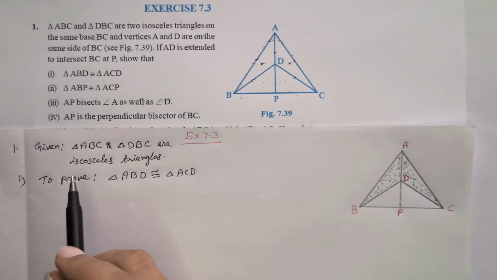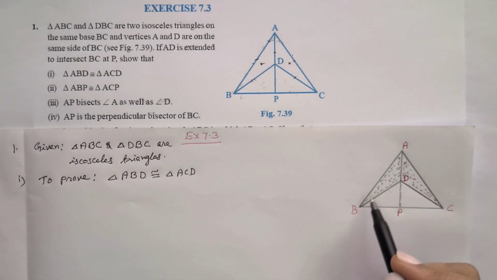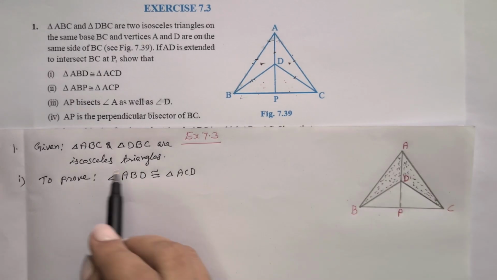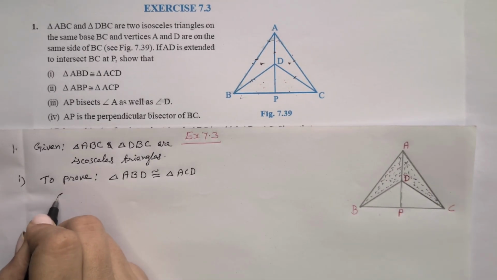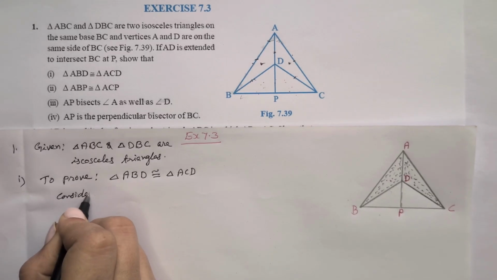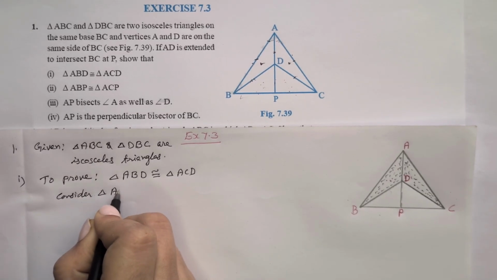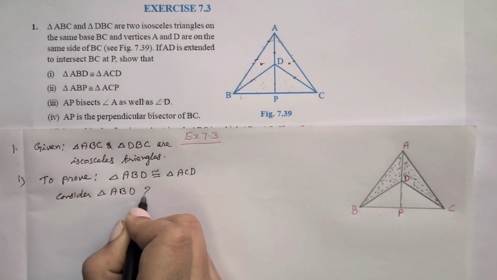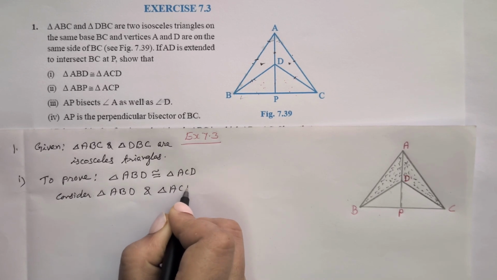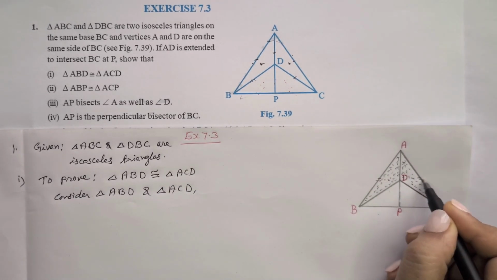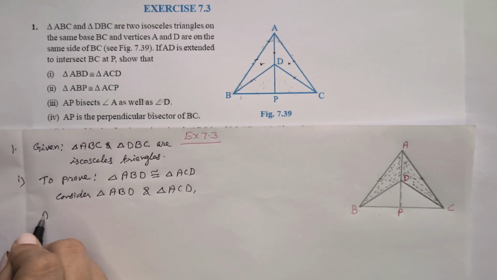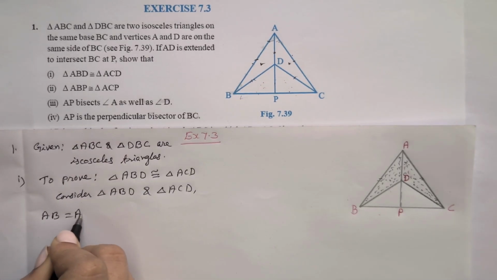First part. It's given triangle ABC and DBC are isosceles triangles. So consider triangle ABD and triangle ACD. In this we can write AB is equal to AC.